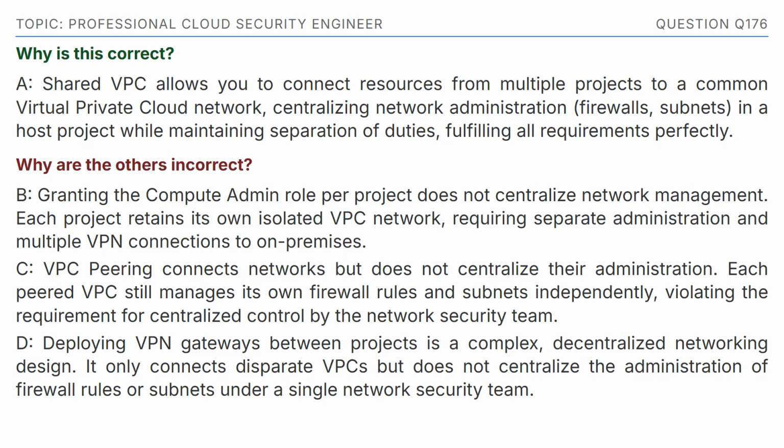Each peered VPC still manages its own firewall rules and subnets independently, violating the requirement for centralized control by the network security team. D. Deploying VPN gateways between projects is a complex, decentralized networking design. It only connects disparate VPCs but does not centralize the administration of firewall rules or subnets under a single network security team.